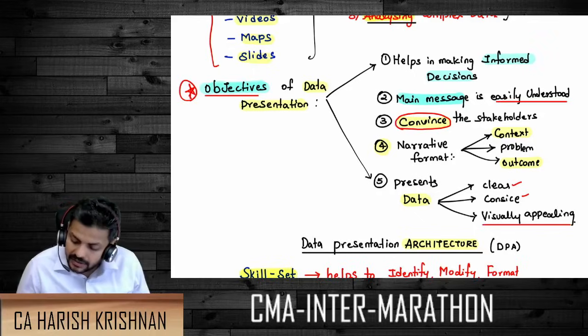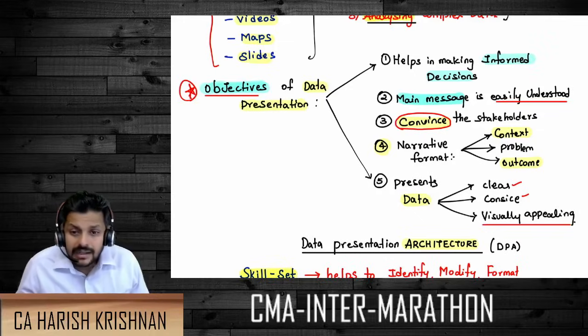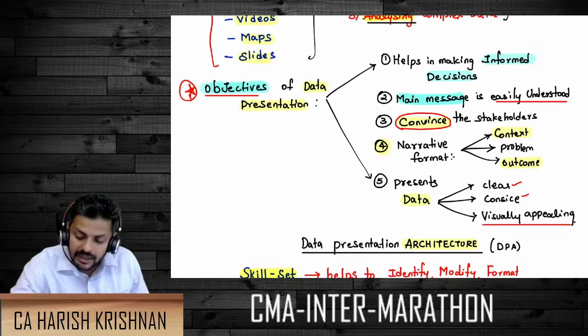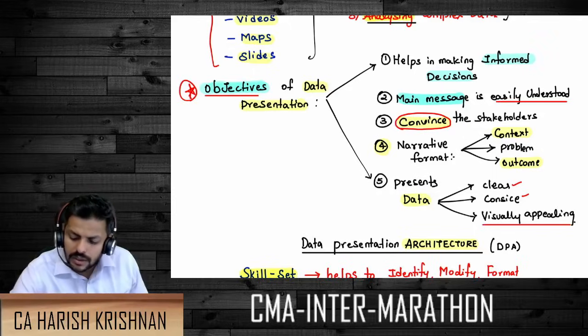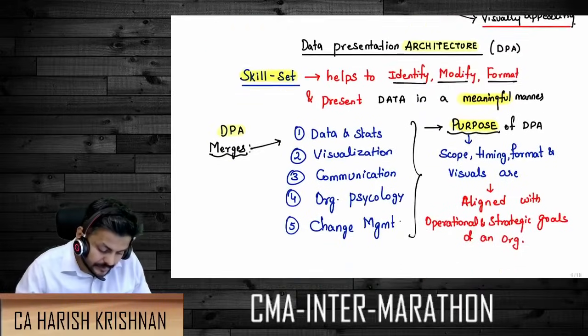We will present the data in a proper way. That proper way of presenting the data is called data presentation architecture. Architecture normally means the design as to how the data will be prepared. So that is exactly what we are going to understand now under the DPA, the data presentation architecture.